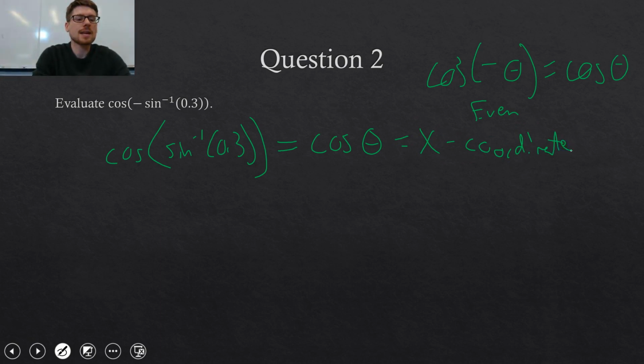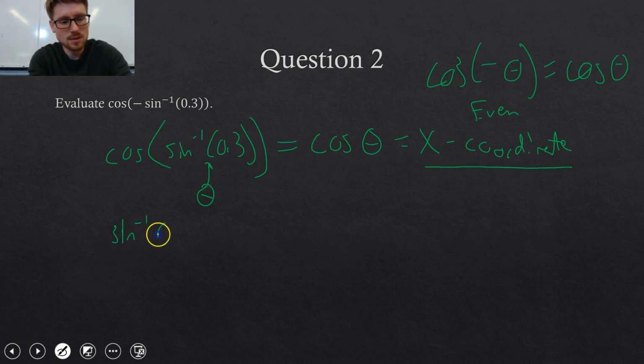The thing we're plugging into cosine is an angle. So we're putting an angle into cosine, and then we're getting an x coordinate out. So our answer at the end of the day is an x coordinate. That's good to keep track of. Okay, so sine inverse of 0.3.